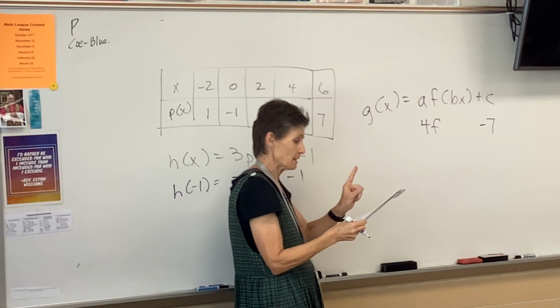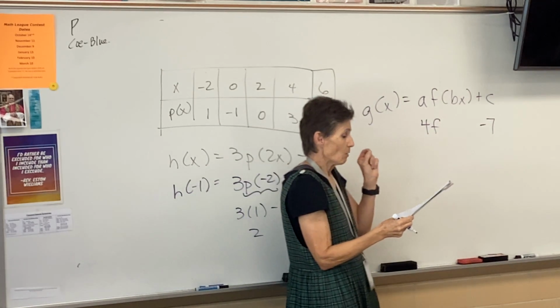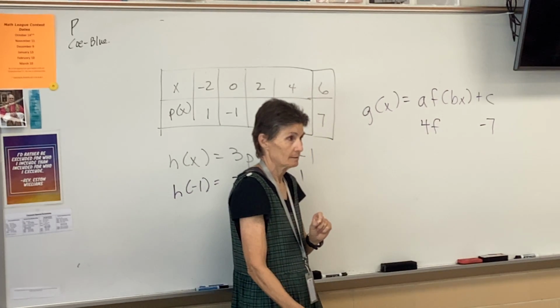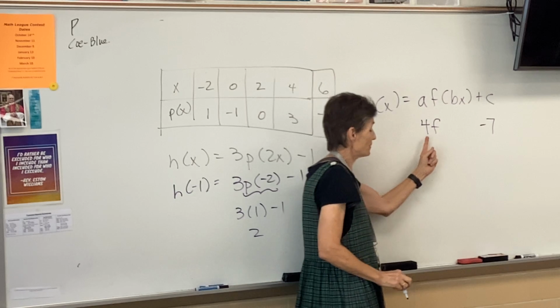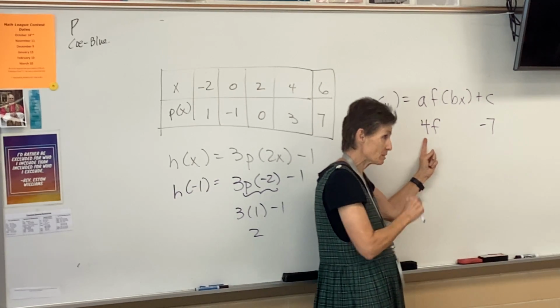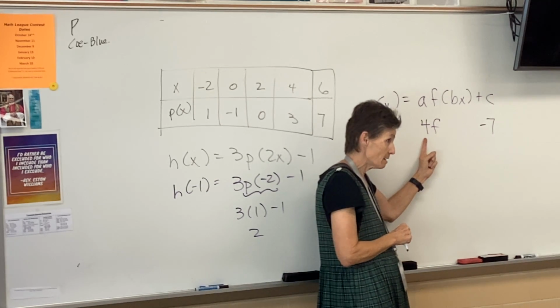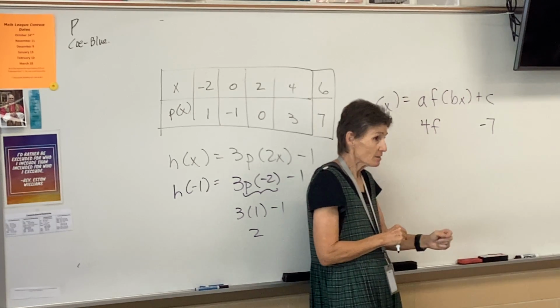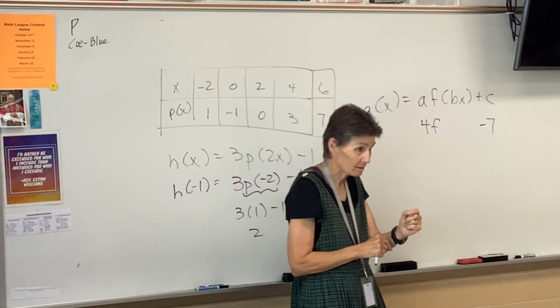Now here's the tricky one. A horizontal dilation by a factor of 3. Now, this meant the height was being multiplied by 4, right? So I need to multiply my width by 3.